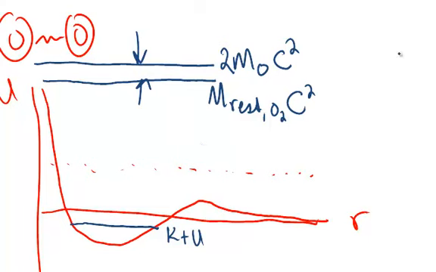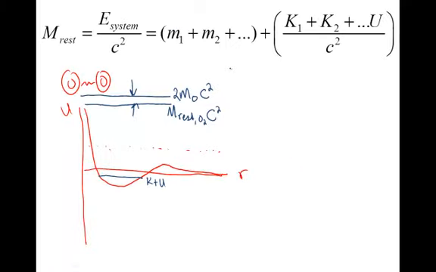A lot of times a photon will be given off, or energy will be given off in the form of kinetic energy or whatever. So that energy was carried away, and that's what allowed these particles to enter the bound state. But the key here is that since this term right here, the kinetic plus potential energy, is negative for two atoms that are bound together, then the rest mass of the resulting particle has to be smaller than the rest mass of the individual parts.